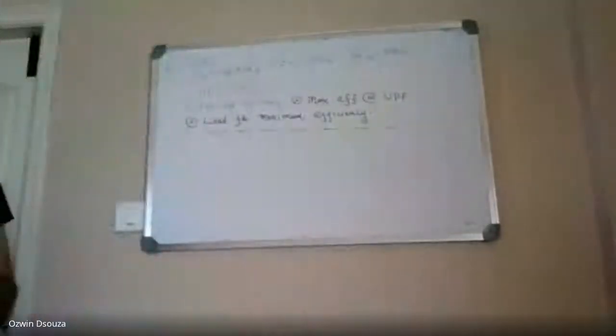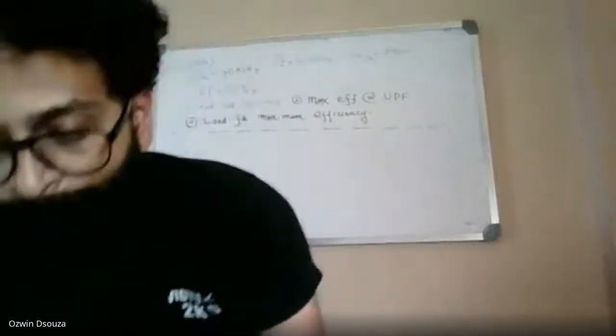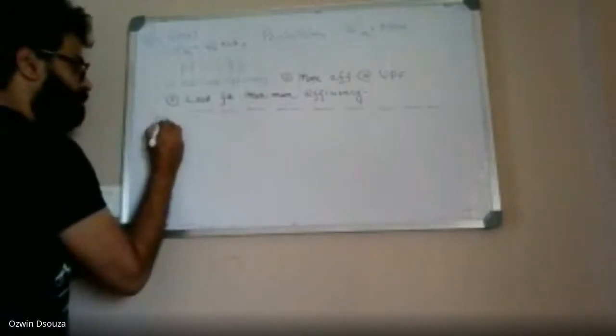So this is the problem statement. All right. Fine. kVA is given as 40. Iron loss, copper loss is given, and power factor is given. So firstly, you need to calculate the full load efficiency. So write down the first objective, full load efficiency.